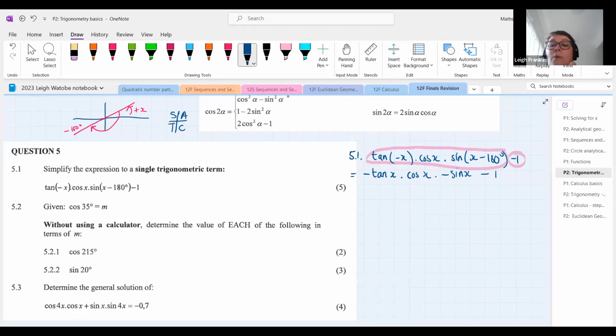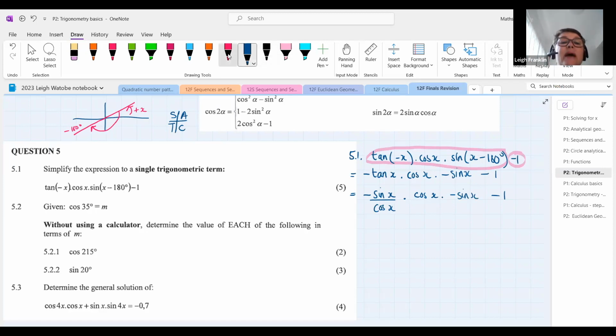So our second mark would be on the minus sine x. Then we are going to write minus tan x as minus sine x over cos x. We're going to use our tan identity. And then we have times our cos x times our negative sine x minus 1.